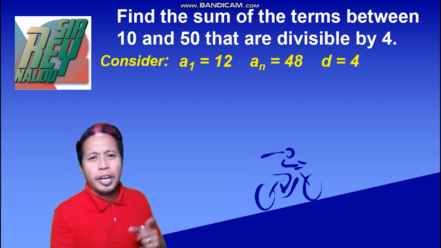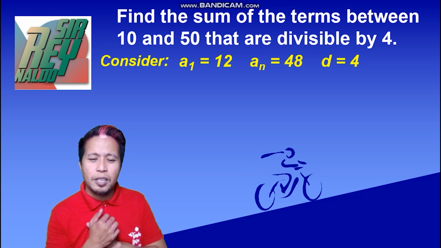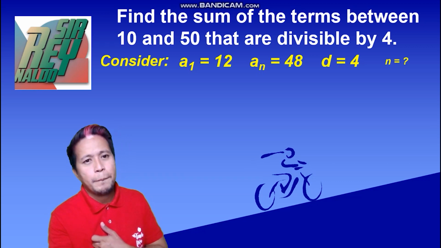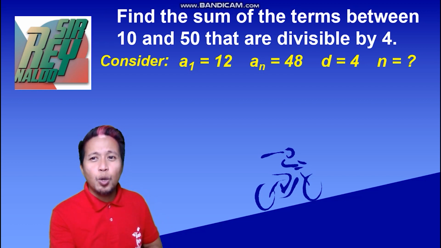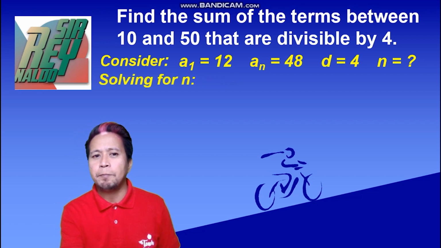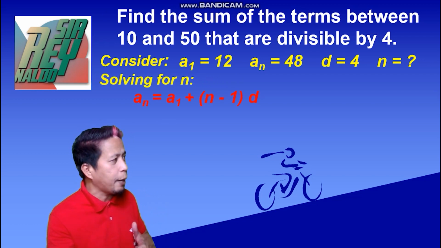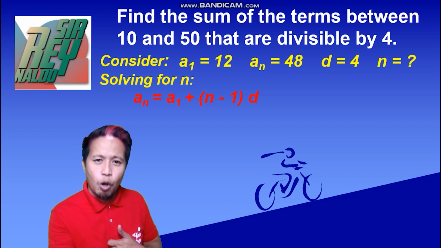So let us consider a sub 1 be equal to 12, a sub n be equal to 48, and our common difference is 4. And we are to look for the number of terms. Ayan. So solving for n, we have a sub n is equal to a sub 1 plus the quantity n minus 1 multiplied by the common difference.